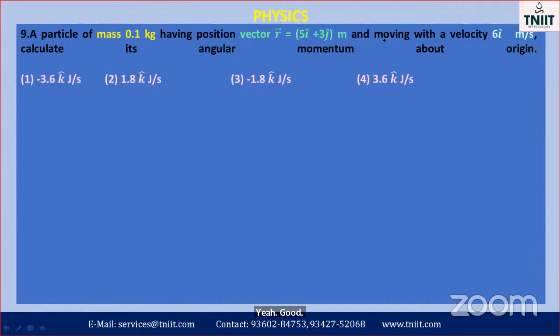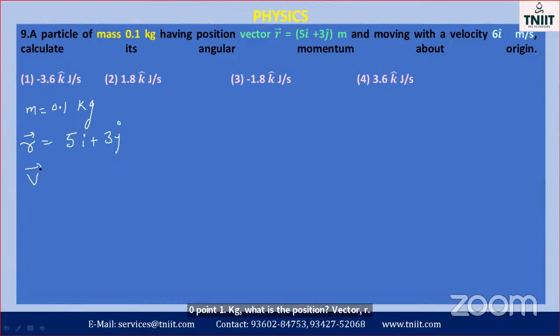Now they have given one particle. What is the mass they have represented? Mass is how much? 0.1 kg. What is the position vector r? 5i plus 3j, with velocity 6i cap.